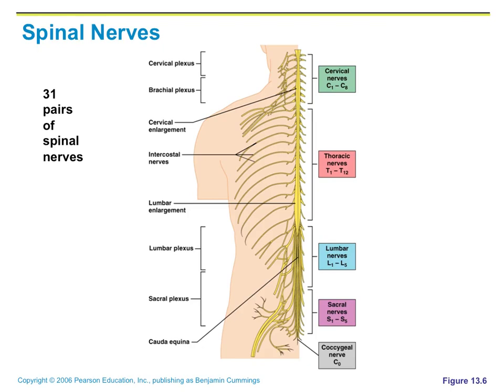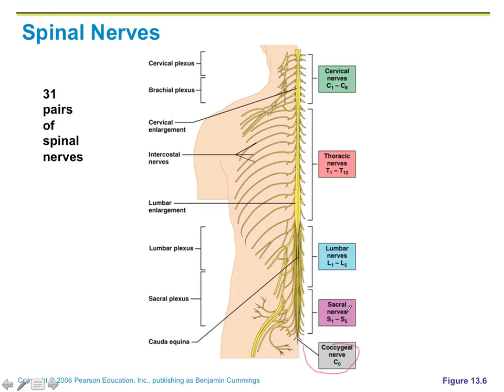However, we have one special nerve. This one is not paired, this one is unique and solo. This is the coccygeal nerve, the last one.